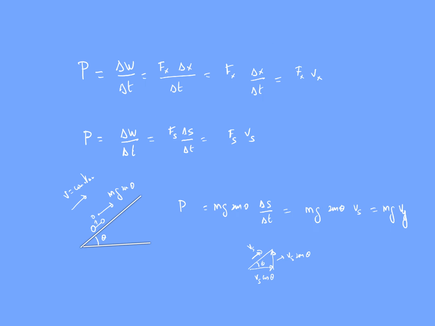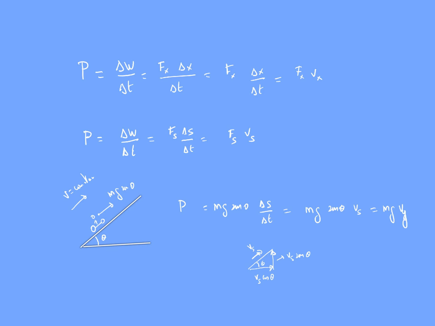So the other equation that you have to see is, because the power is the work delivered divided by the time elapsed, and the work delivered is the force times the displacement, but the displacement divided by delta t is the velocity, so the power is also Fx times Vx.